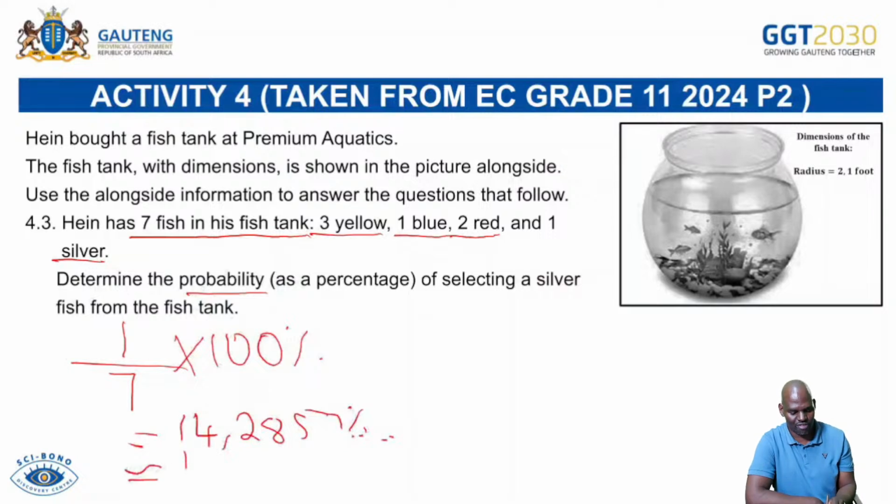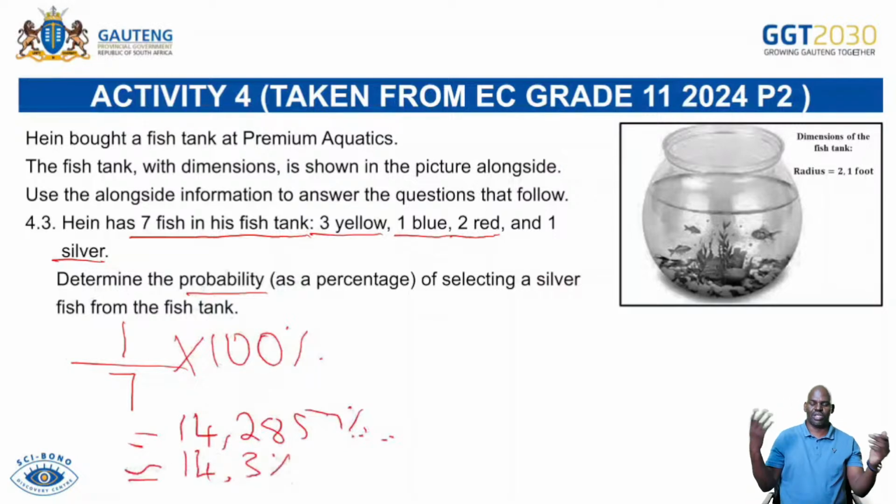If you want to round it off, you can say it's 14.3%, or 14.29%. But the examiner doesn't say anything about rounding. It is safer to write the original answer exactly as is, and then from there you can round it off to any number of decimal places. So this is number 4.3.